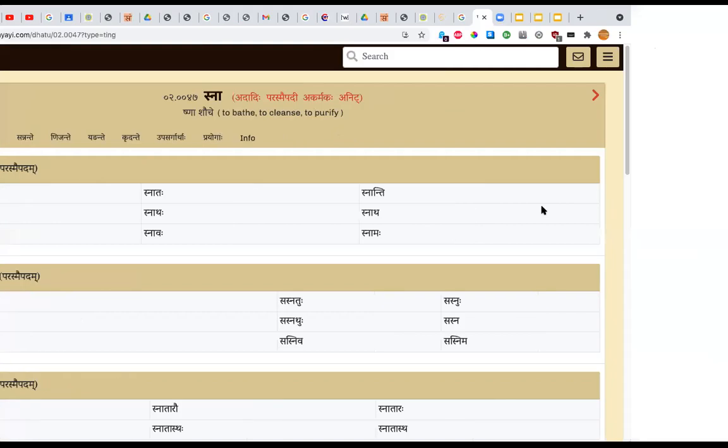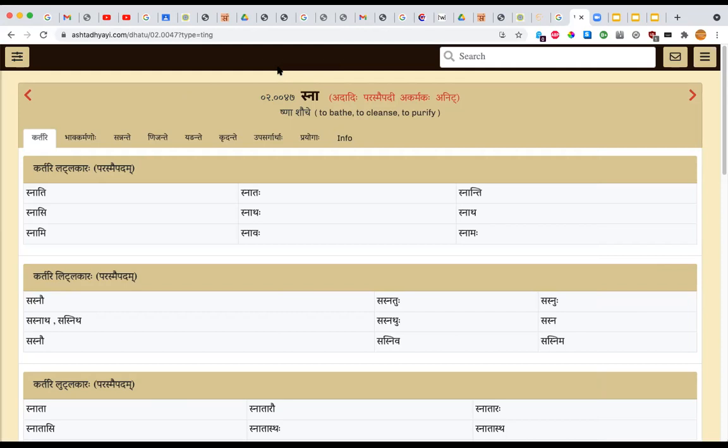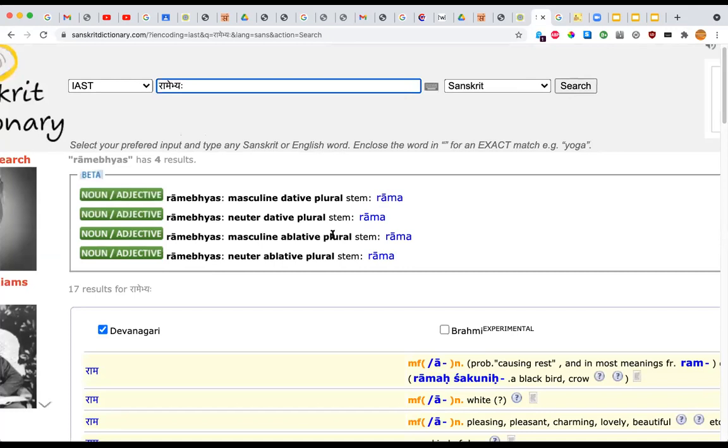Most of the time from the meaning you are able to get the dhatu in that dictionary, kosha, whatever. Yeah, that's how I find out. I put nidrati or whatever the word, look at the meaning. In the meaning, the dhatu is coming. Then you go and validate it in Ashtadhyayi whether the dhatu is correct.